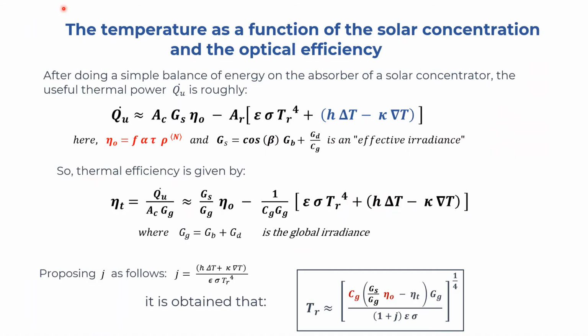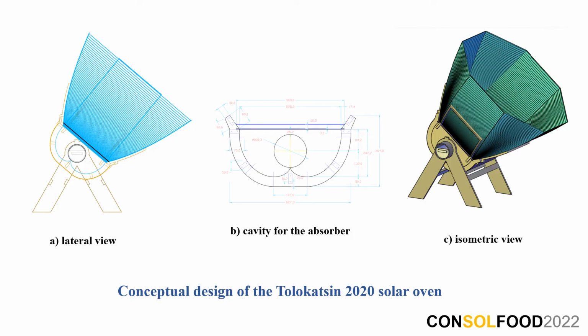The temperature is a function of several factors, in particular the solar concentration, the optical efficiency and how well it can be thermally isolated. The optical efficiency increases by reducing the average number of reflections. Here n is that number of reflections.